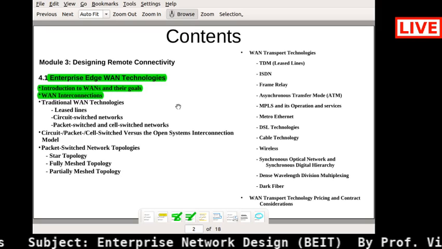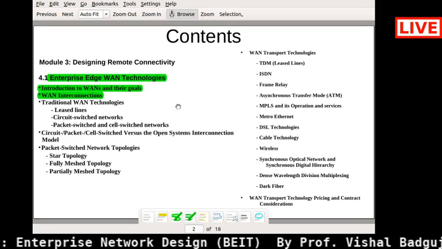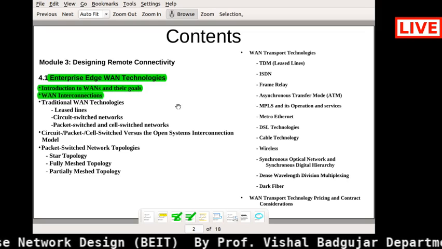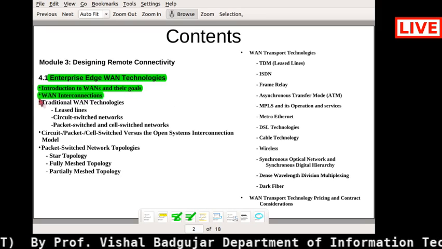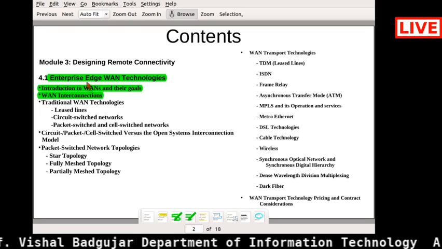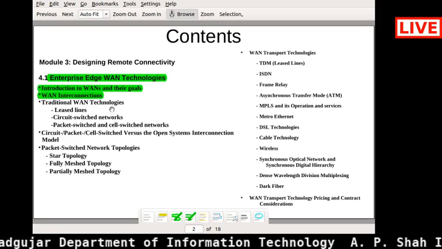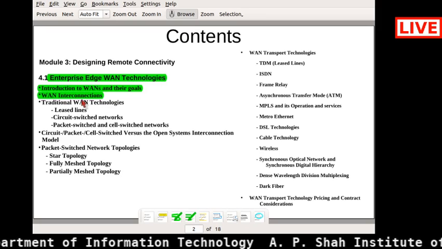We have already seen all the functional areas, so we will see how the WAN model connects to these different functional areas.